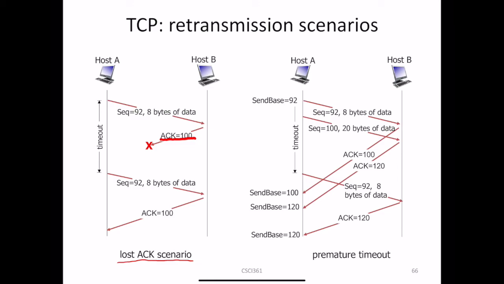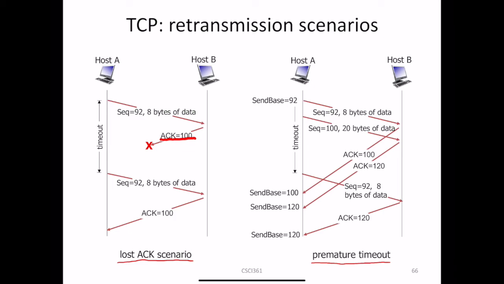and then goes back to normal. Another scenario is a premature timeout. This time host A continuously sends two segments to host B. One is segment 92, another one is 100.